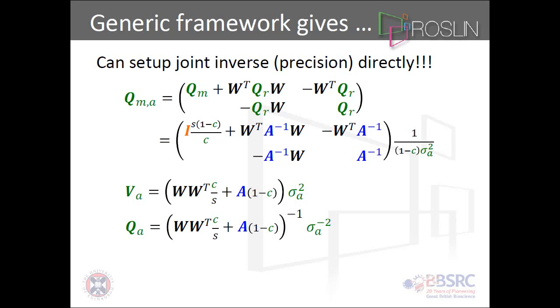But the good thing about this is the computational aspect, that I can set up this directly, while here I can't set up this matrix directly, because I would basically need to invert this.